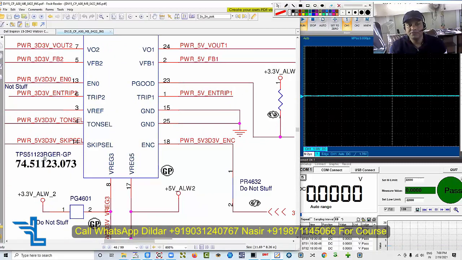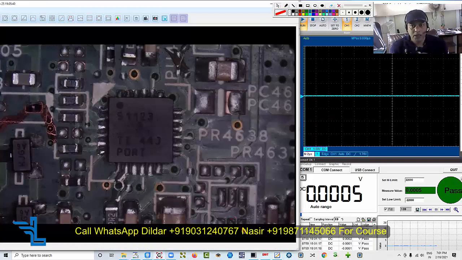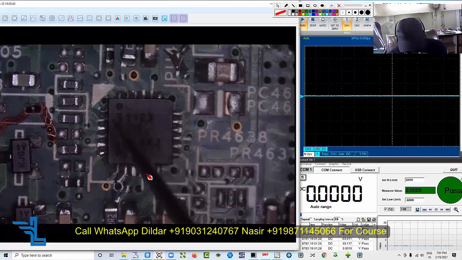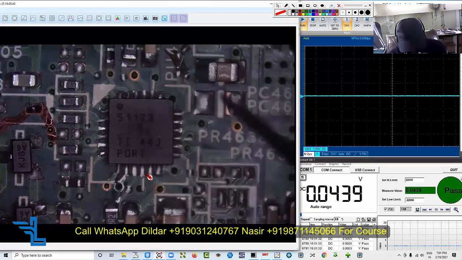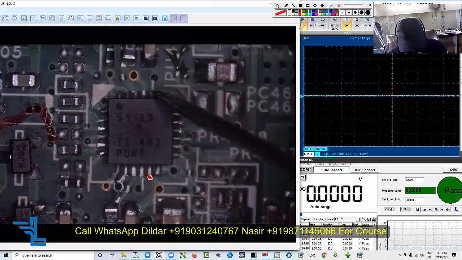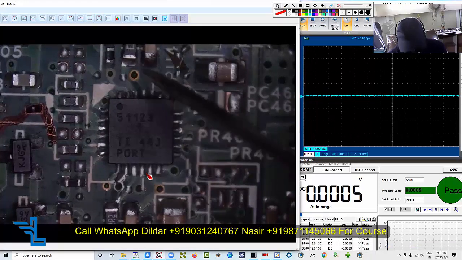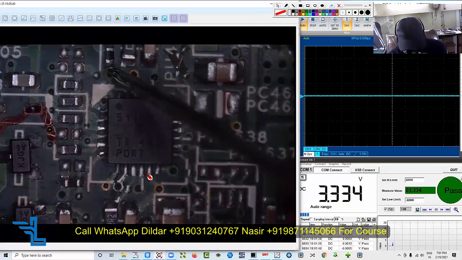This is the TPS51123. Now on pin number 23 we need to check this, so let's check. Pay attention to the multimeter.